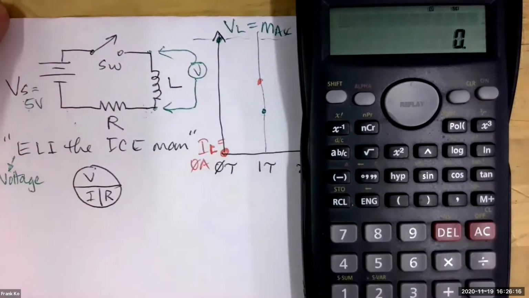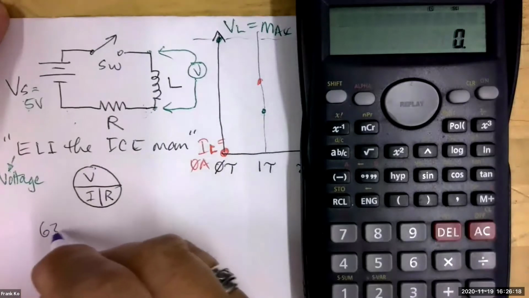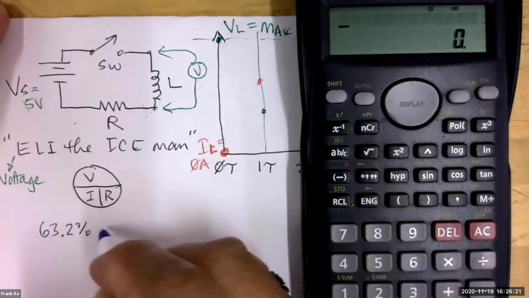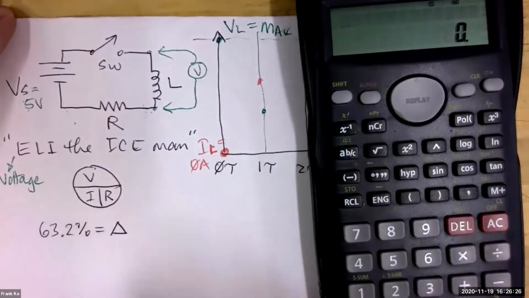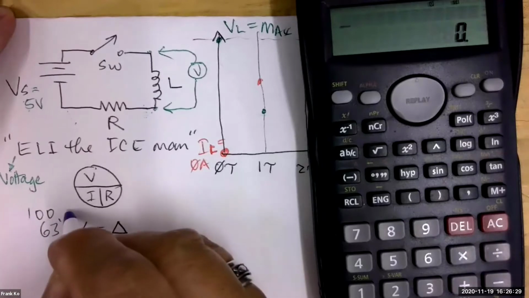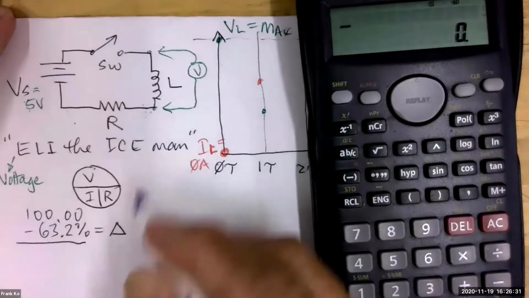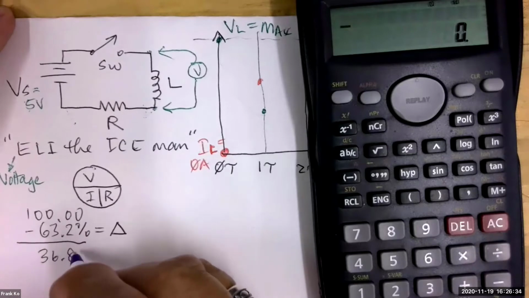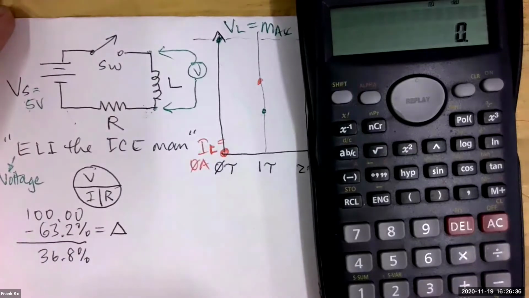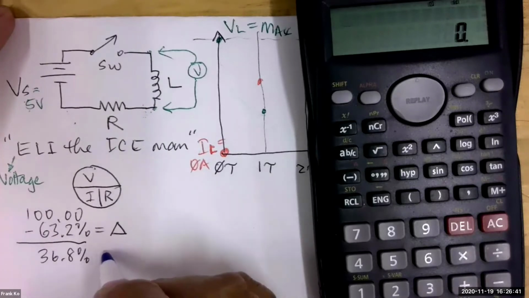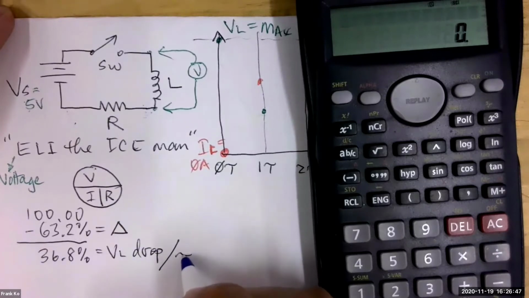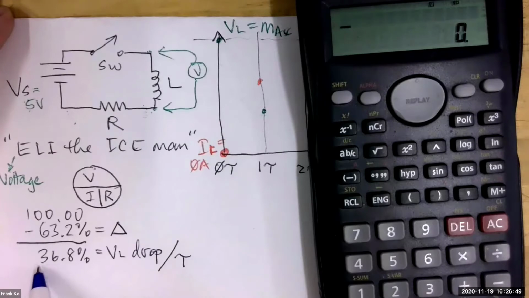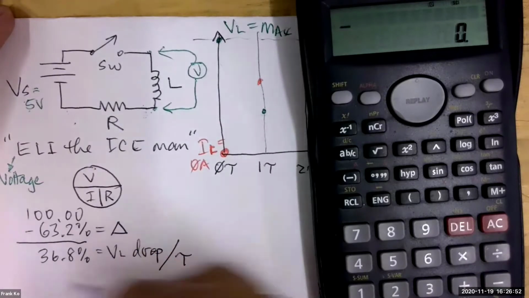So 63.2% is equal to your change. 100% minus this gives you 36.8%. Is that correct? So that means that this voltage, your VL, drops per tau. Each tau, the voltage will drop to that amount.